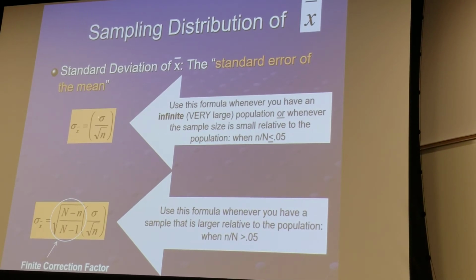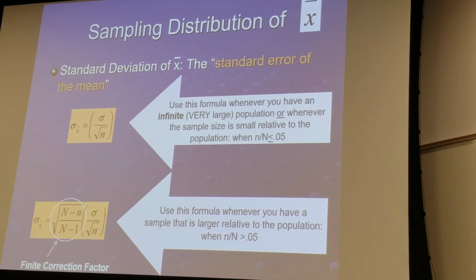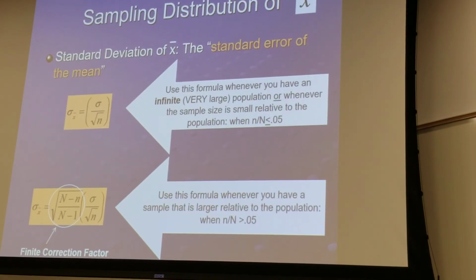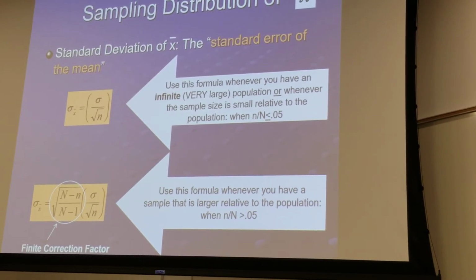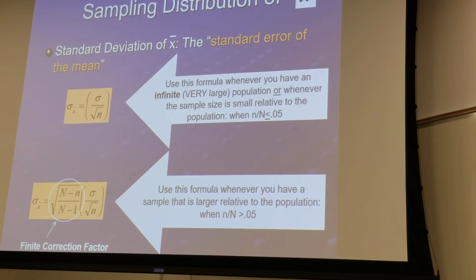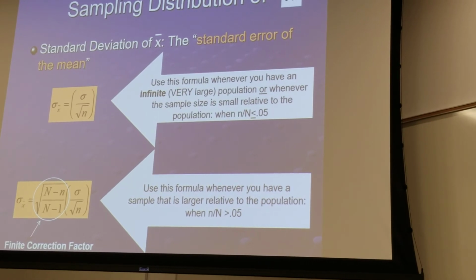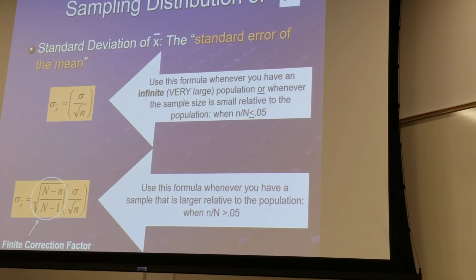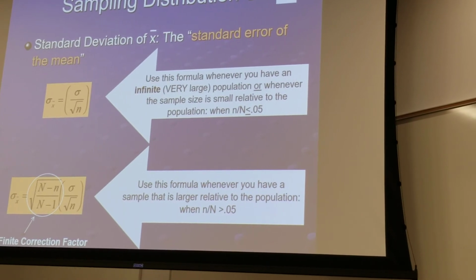It's the standard deviation of the population divided by the square root of n, your sample size. Therefore, the bigger your n becomes, the smaller the standard deviation of X bar becomes, right? When you divide by a bigger number, like 20 divided by 2 is 10. When I do 20 divided by 5, now it's 4. That's gone down because I'm dividing by a bigger number.